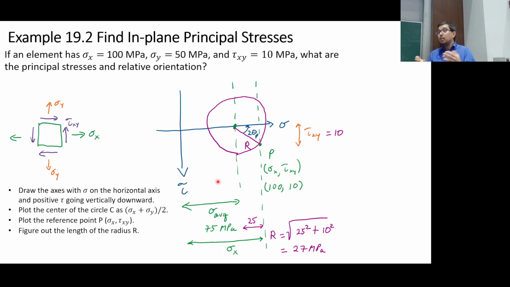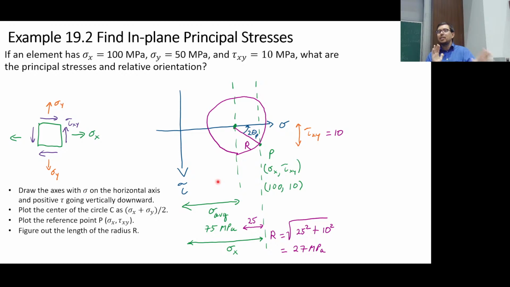Why? Because when we're looking at failure criteria, we want to figure out what the maximum principal stresses involved are, or what their differences are for brittle materials, and for ductile materials, we're interested in, oh, hey, what's the maximum shear stress?